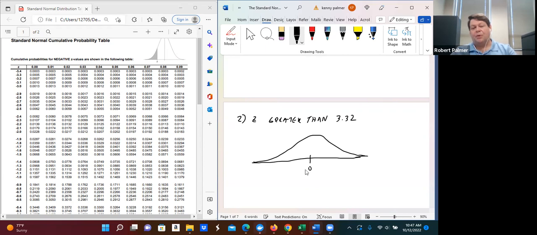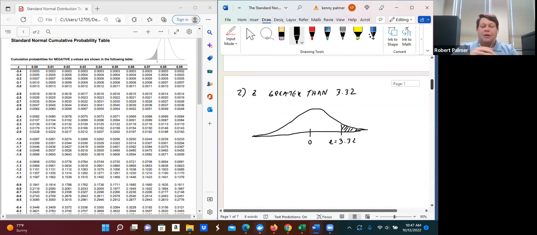So remember, here is 0. Now 3.32 is bigger than 0, of course, so it's going to be to the right of 0. And it's actually going to be way over here. So I should back up just a bit so you can see this better. Now this time it says greater than, so we want the area to the right of this.